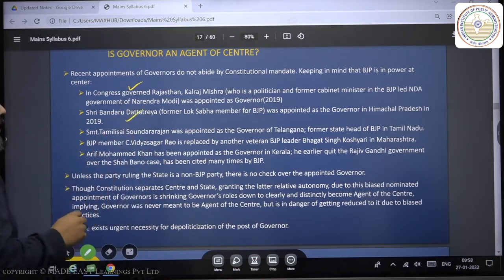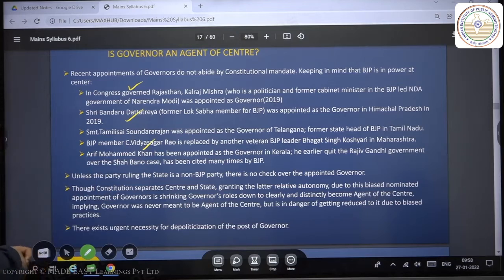Bandaru Dattatreya, BJP Lok Sabha MP, was appointed as governor of Himachal Pradesh. Tamilisai Soundararajan, appointed as governor of Telangana, former state head of BJP in Tamil Nadu. C. Vidyasagar Rao, BJP member, was replaced by another BJP leader, Bhagat Singh Koshyari, in Maharashtra.